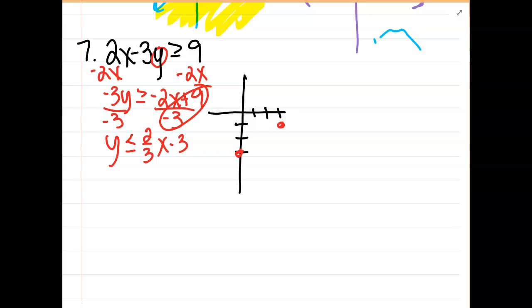And before you connect it, solid or dotted line? This is going to be a solid line. And the last thing, you have to look at the y equals inequality, because it's different than this one, right? Because we had to flip it around. Are we going to shade above or below the line? Below, because it's a less than. So we're going to shade below.